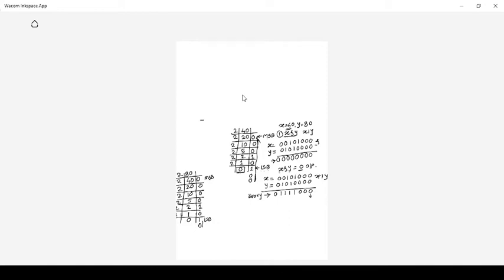This is 2 raised to the 0th position, next 2 raised to 1, 2 raised to 2, and so on. This 0 means 2 raised to 0 has value 0.